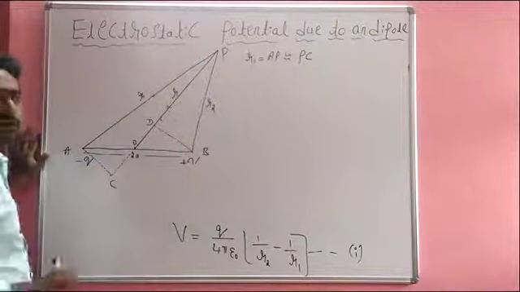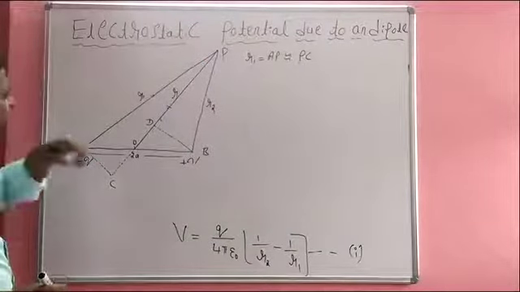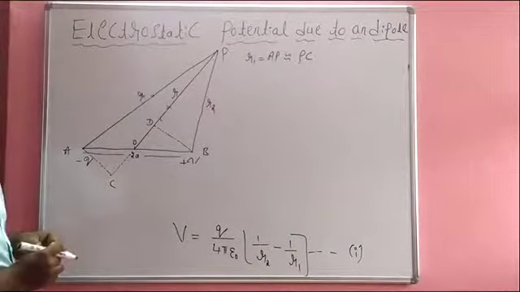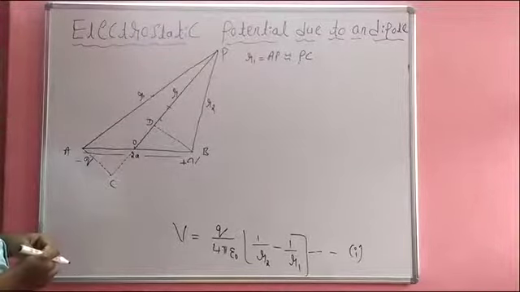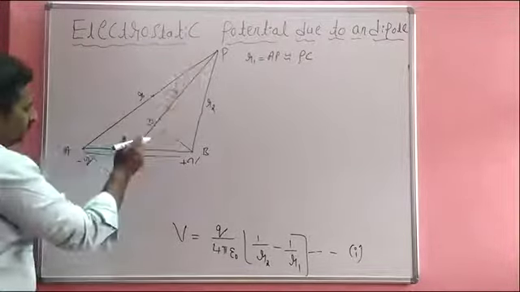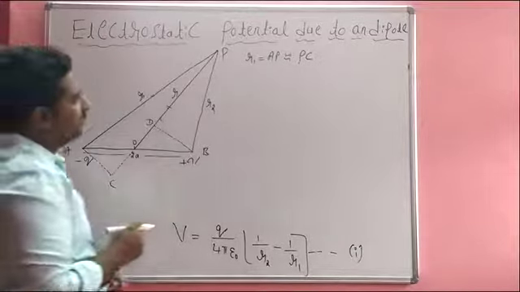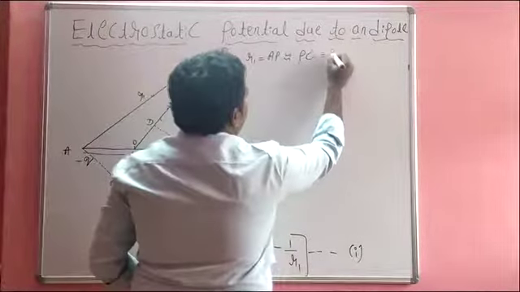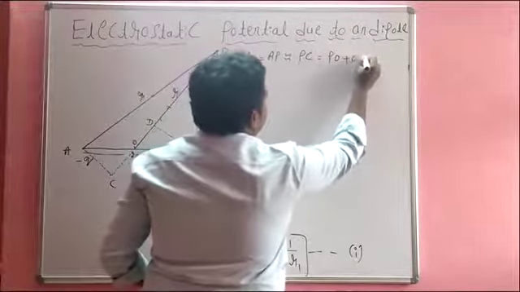So how can we write PC? PC is PO plus OC, correct? So I have written PO plus OC.